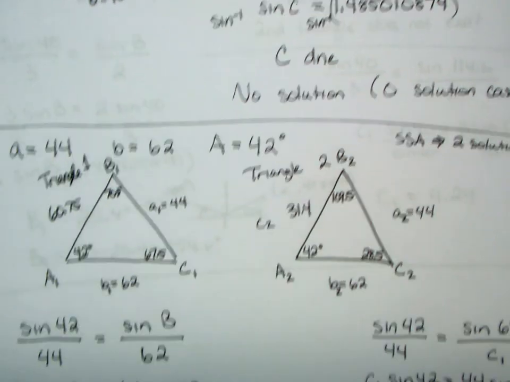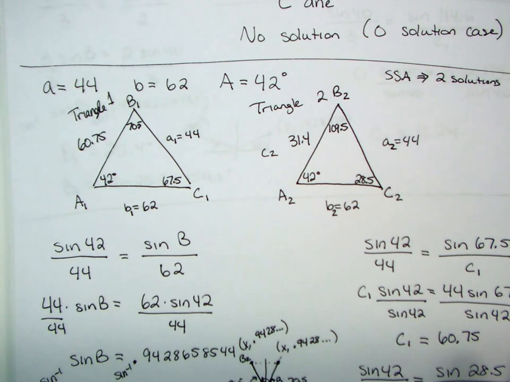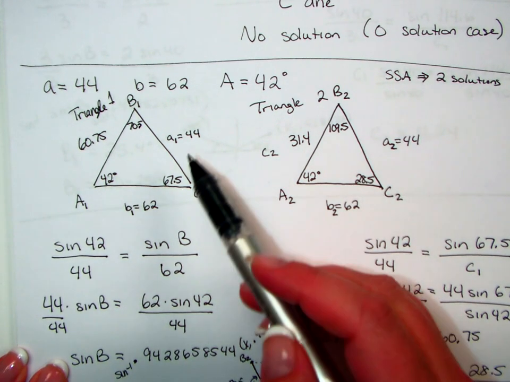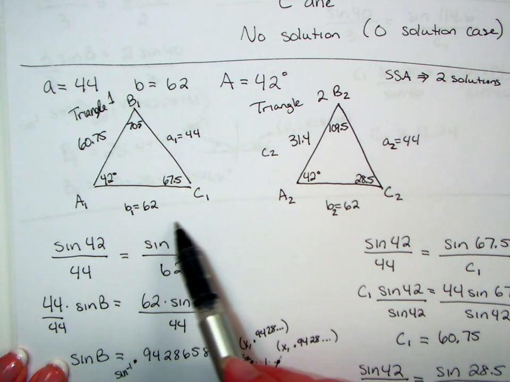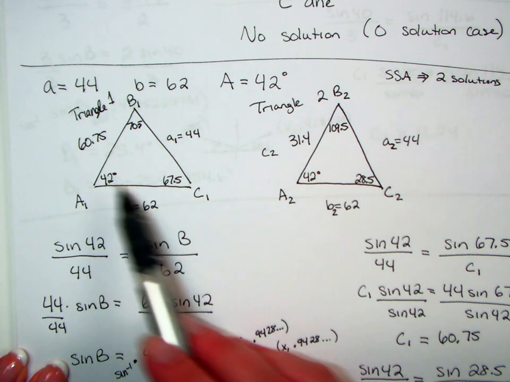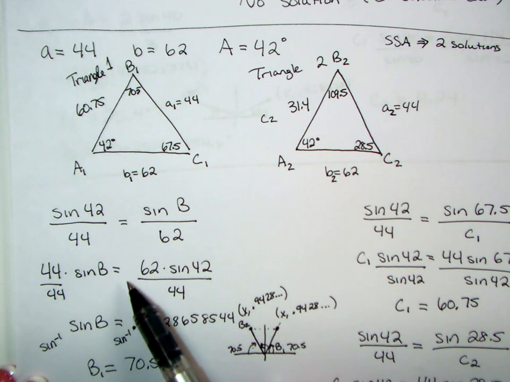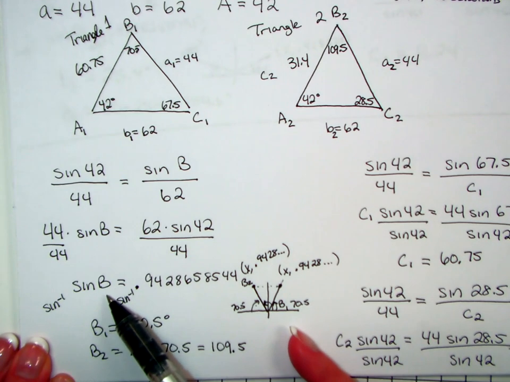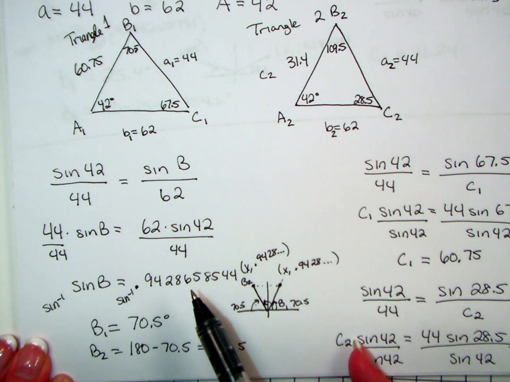The second thing that can happen in a side-side-angle is you're forced, again, to solve for angle B. Forced, all right? This is the only one you can solve for because we were given this ratio, we were given this number, we weren't given anything for C. So we go through solving for angle B. This one works, right? Because this is between -1 and 1.